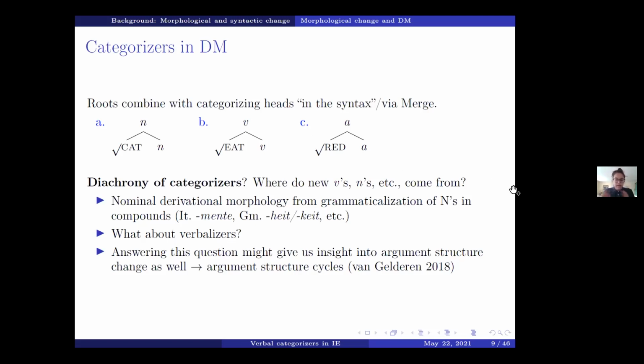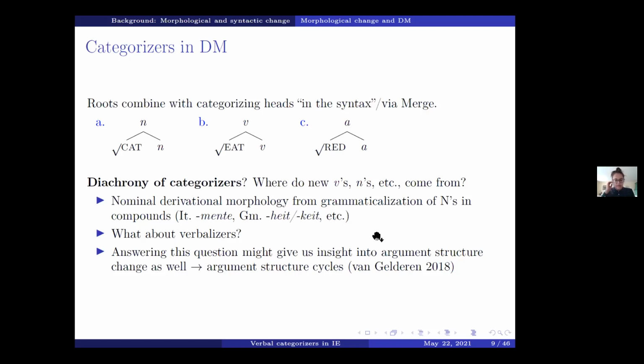And as I said, there's a little bit of literature on turning lexemes, for example nouns in compounds, into suffixes, like in these Italian and German examples.